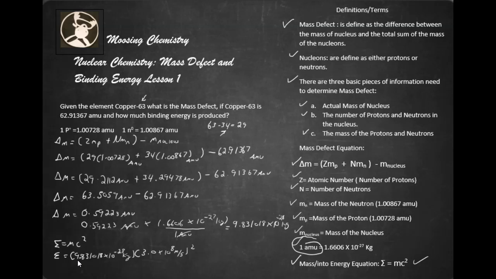And so when we do the math, E equals 9.831018 times 10 to the negative 28 kilograms times 9.0 times 10 to the 16 meters squared per second squared.